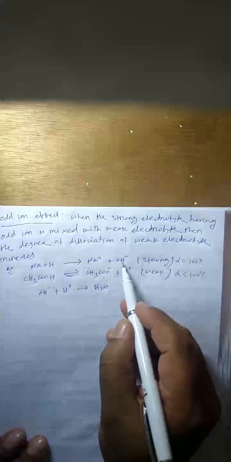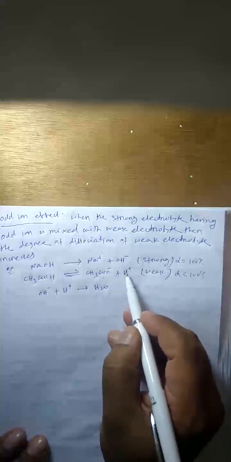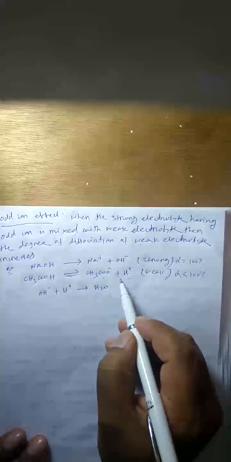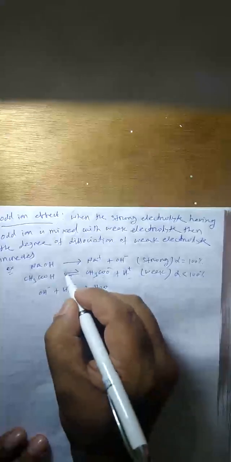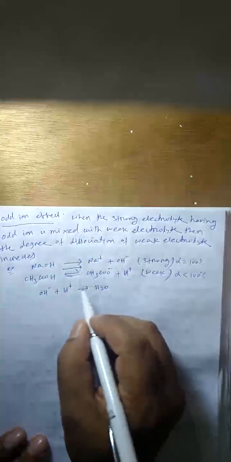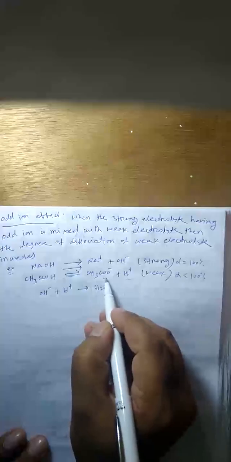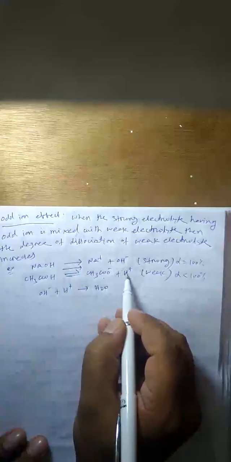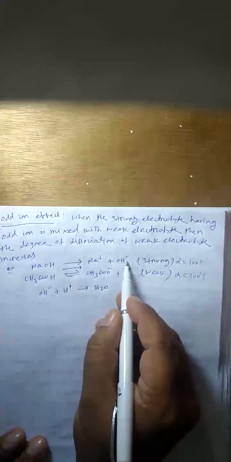So the concentration on the right-hand side decreases, because whatever H⁺ ion is formed is consumed by OH⁻. According to Le Chatelier's principle, the reaction moves in the forward direction. More and more CH3COO⁻ will form, and as a result the forward reaction takes place.